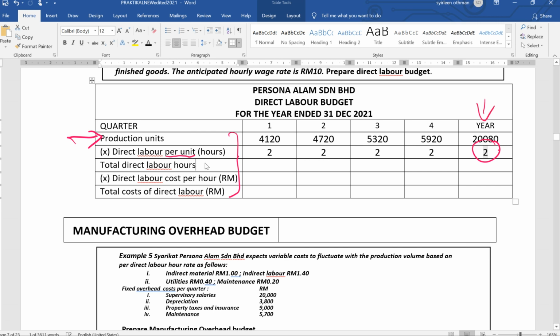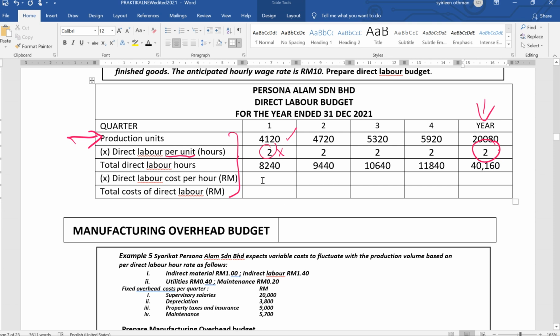Okay, alright, and then the total direct labor hours, that means kita akan ambil jumlah unit dan kita akan darab lah dengan 1 jam, satu finish units berapa jam diperlukan. Okay, so you will get your total direct labor hours. Okay, the total is actually 40,160 hours.